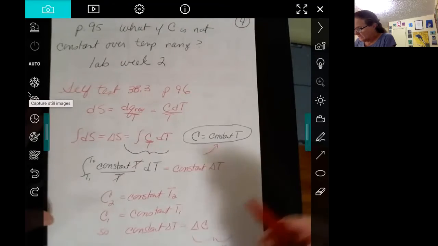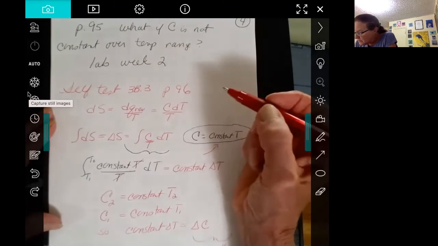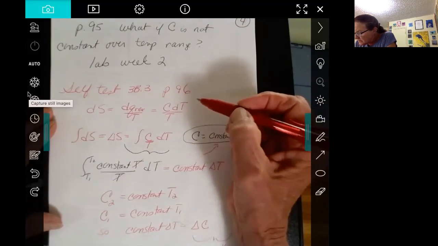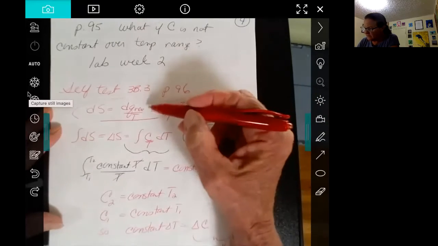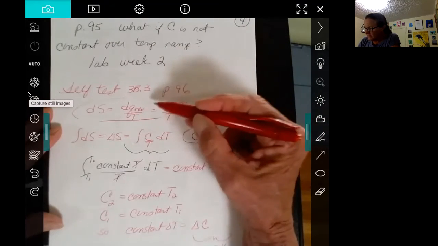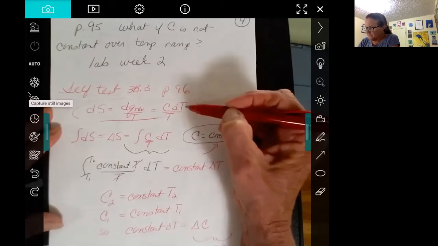So here's our definition of dS, dQ reversible over T. dQ is C dT.